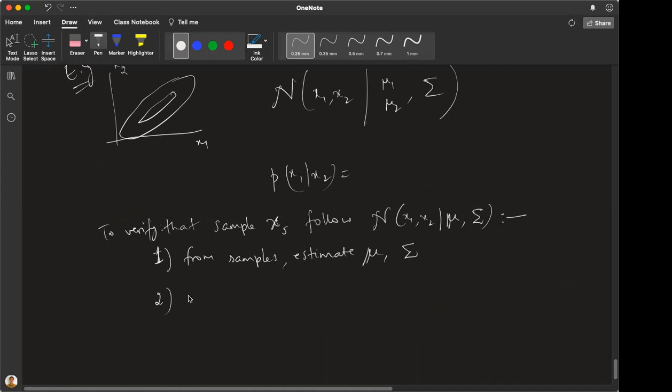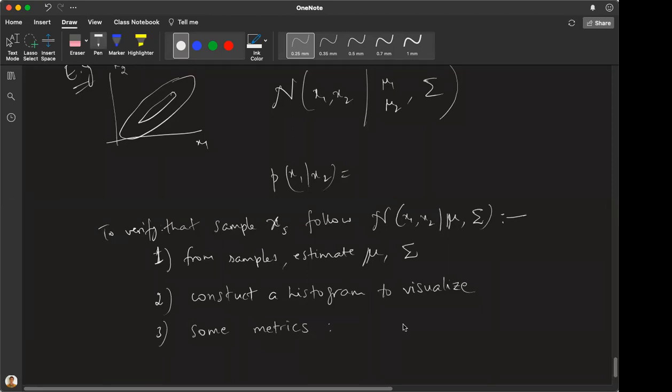Any other method? You can also construct a histogram to visualize and do a visual inspection. And then you can compute some distance metrics.